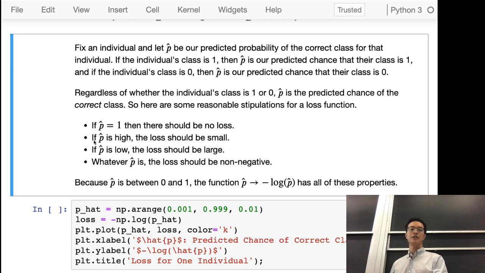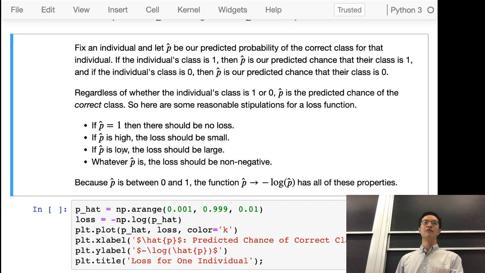All right? So if p hat is equal to 1, that means we're going to be right. That means our model is exactly right. If our model is exactly right, our loss should be 0. If p hat is close to 1 but not quite 1, then our loss should be pretty low. Our loss should be small.